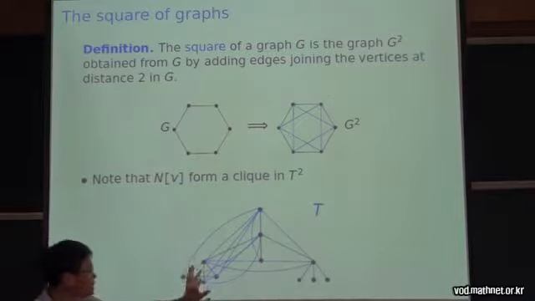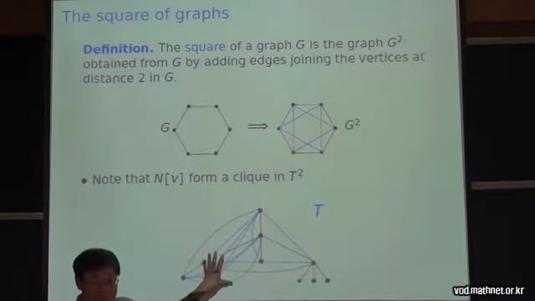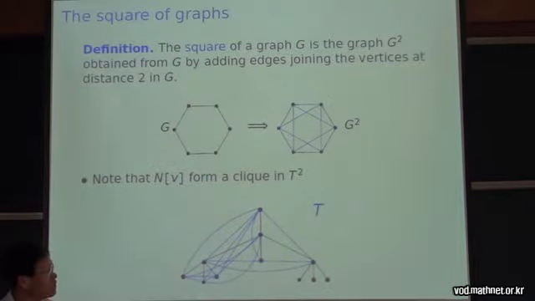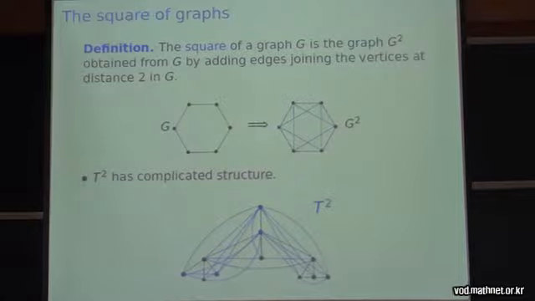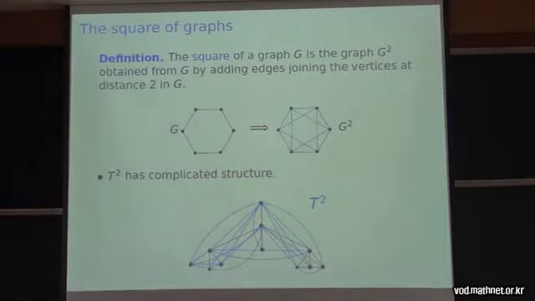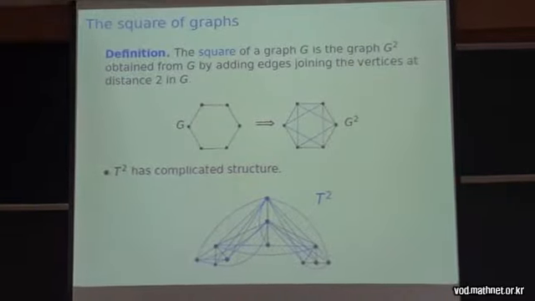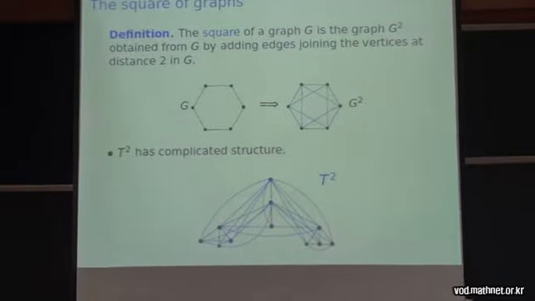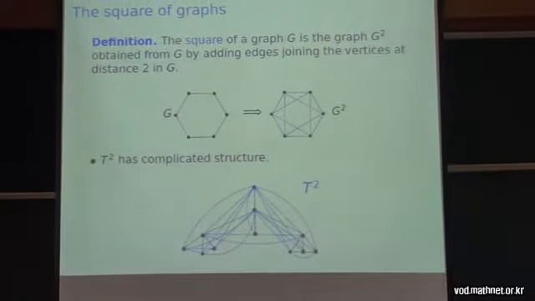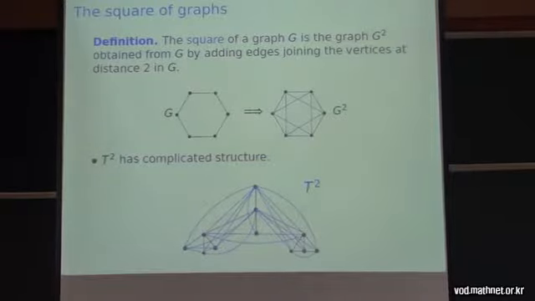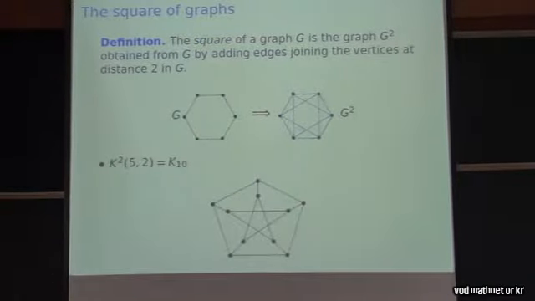So the left side is the final stage of this tree, and the final stage of the original tree becomes like this. So this means even if the original graph is simple, the square graph could become very complicated. So the Petersen graph can become a complete graph.